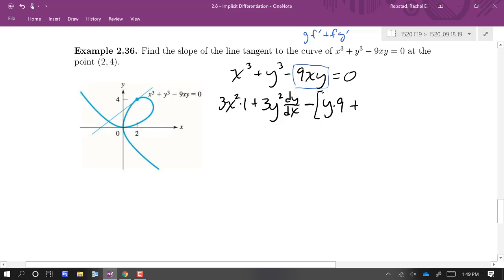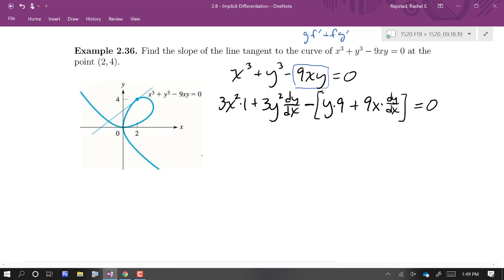Plus f times g prime: 9x times 1. 9x times dy/dx. And this is all equal to 0 because the derivative of 0 is 0.